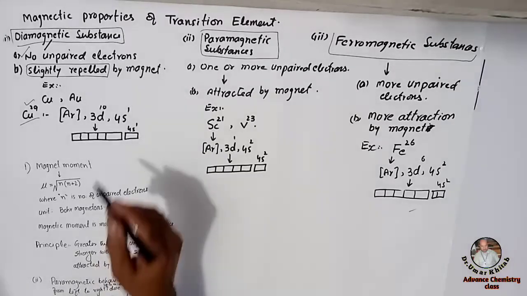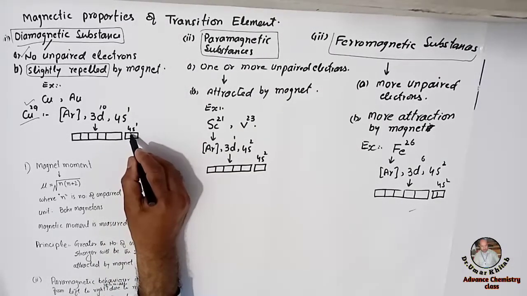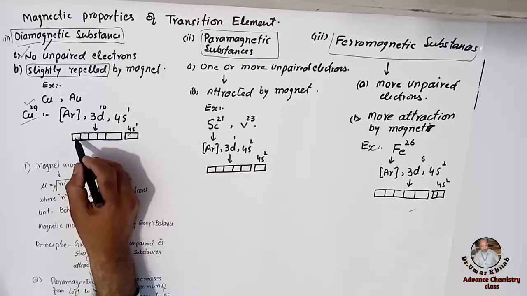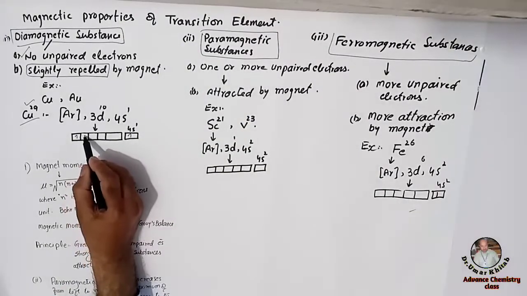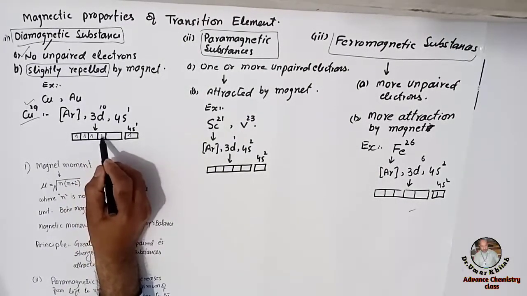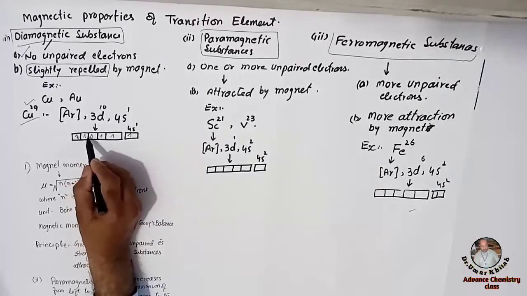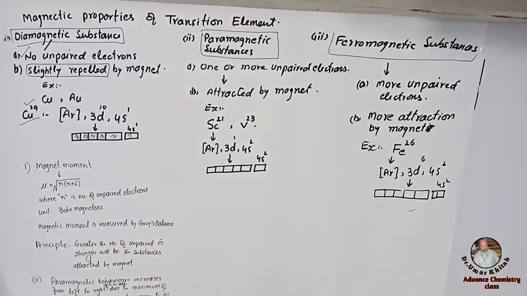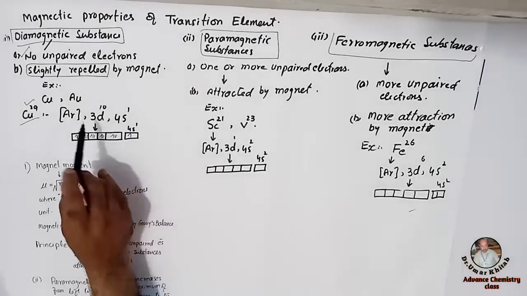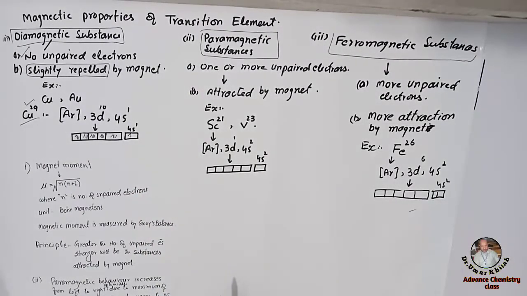In 4s1 there is only one electron, and the 10 electrons are distributed in 5 orbitals: 1, 2, 3, 4, 5, 6, 7, 8, 9, and 10. There is no unpaired electron. All the electrons are paired. So such substances are slightly repelled by a magnet and magnetic field.